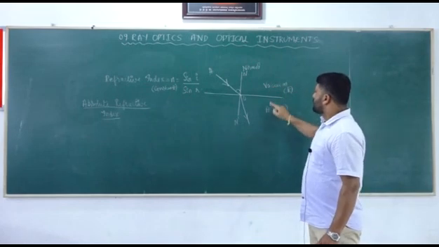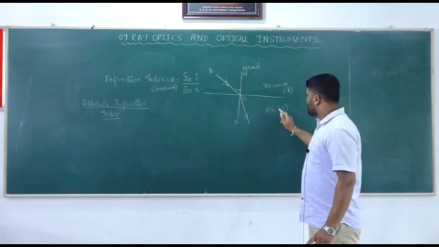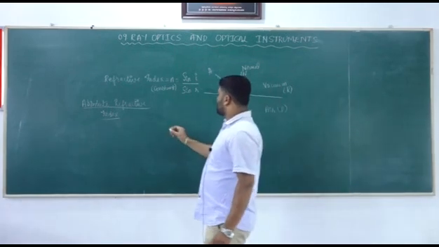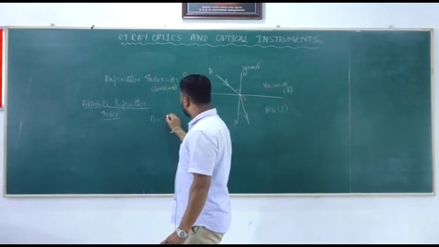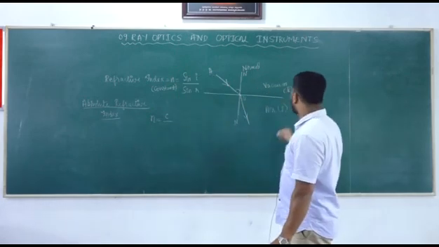The absolute refractive index is defined in terms of the speed of light. It is the ratio of the speed of light in vacuum. What is the speed of light in vacuum?